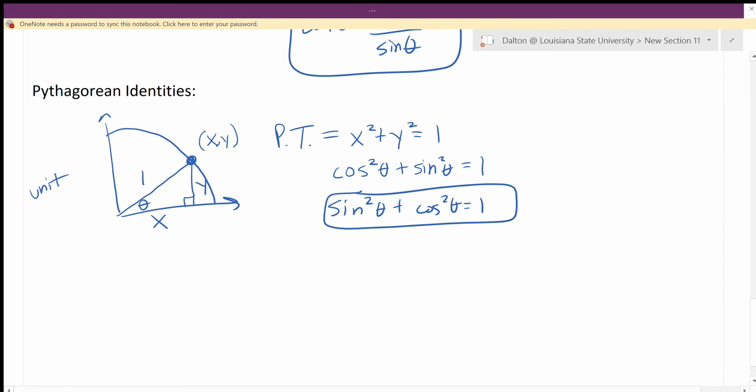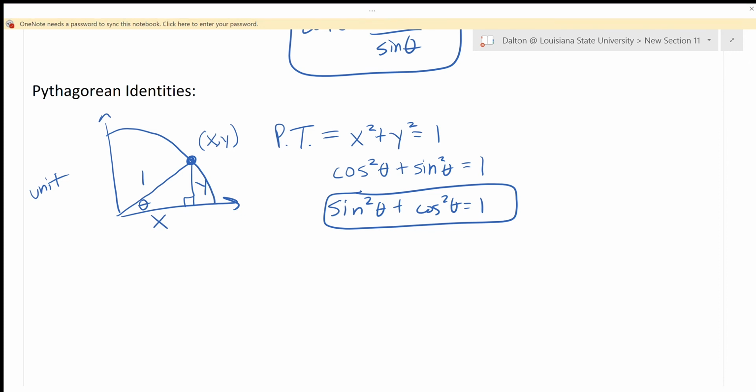Now, to get the second, I want you to suppose we divide every term by sine squared theta. If we do that, what happens?